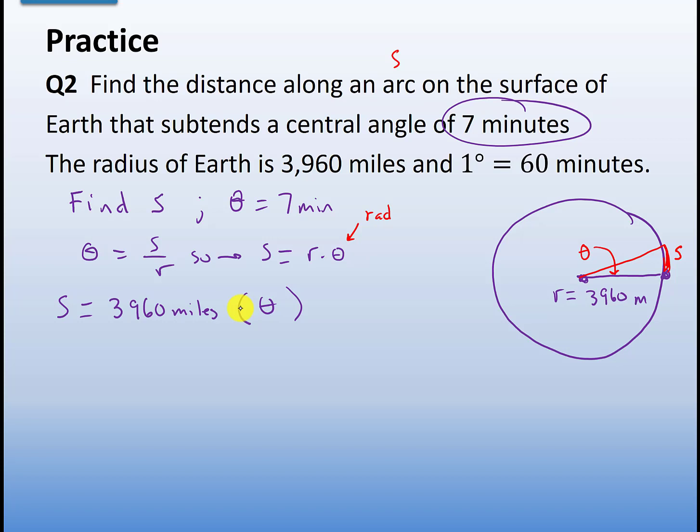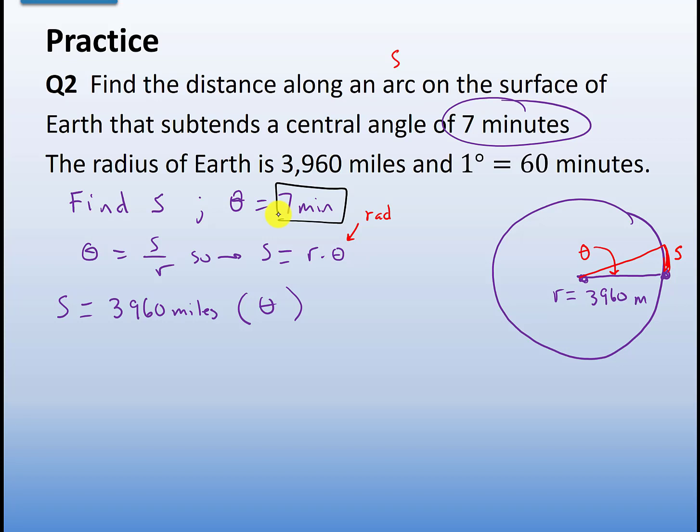And we don't know what theta is yet. We know it's 7 minutes, but we've got a few challenges to deal with. First challenge is, what's a minute? Now, in things like astronomy and huge distances like the Earth, you can move a small distance, but it's expanded over 3,960 miles.